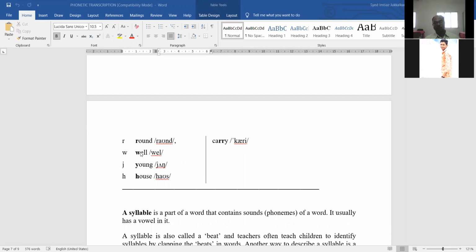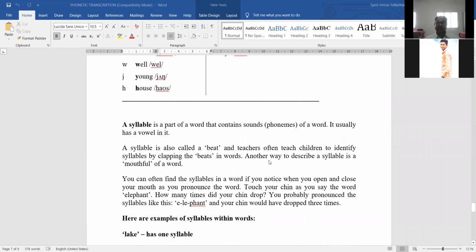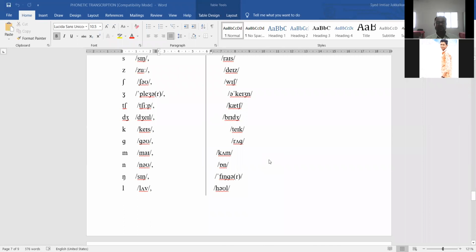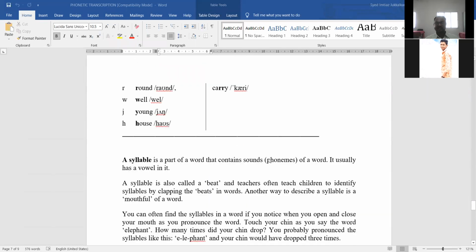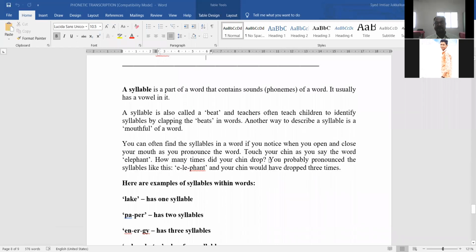Well. Young. House. Cat. Hope that it is very clear for you. हे सगळे वर्ड्स आणि syllable symbols हे क्लियर झाले असतील आता.